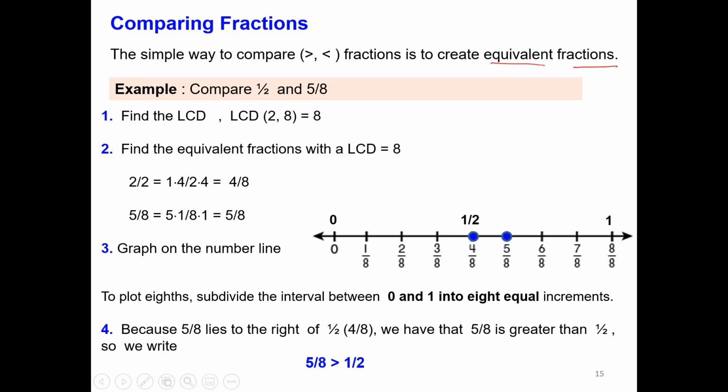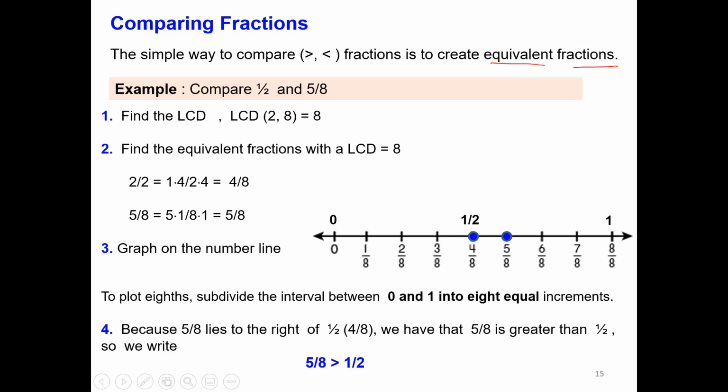Then step number one, if we want to compare fractions, is to find the LCD. The LCD of 2 and 8 is 8. I think there is no problem to know this one. The next thing, we want to find equivalent fractions with the LCD as the denominator.